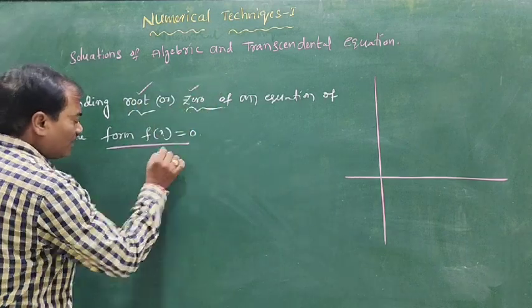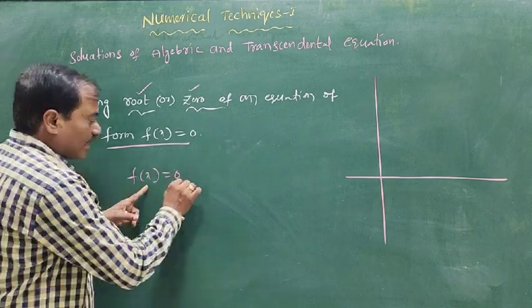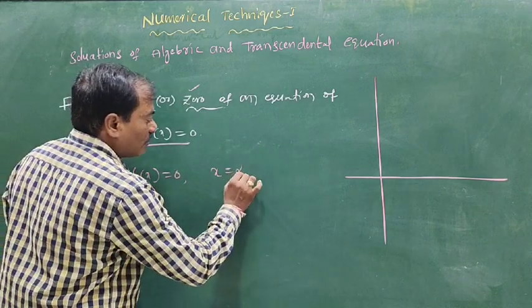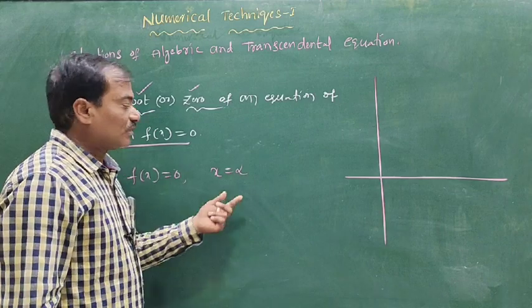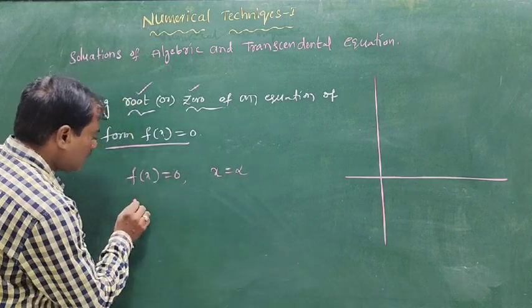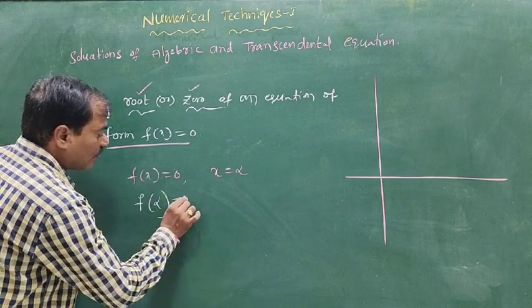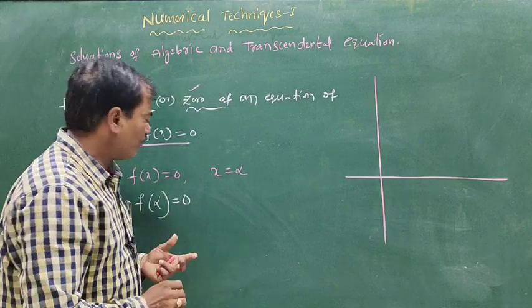Actually, what is the meaning of the root or zero? In the given equation f of x equal to 0, if for example x equal to alpha is a root or zero of the given equation, it means if we substitute this value in the given equation, the equation value becomes 0.